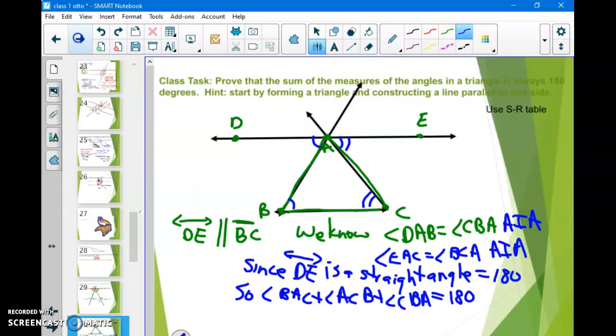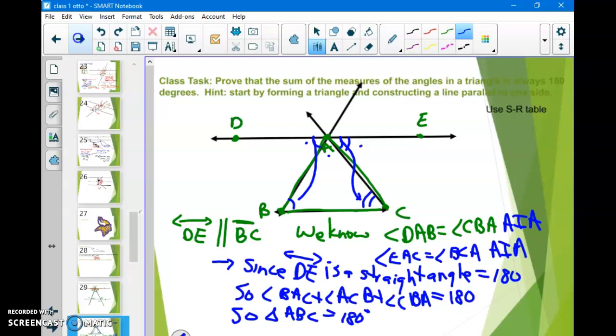And we can also say, well, if this angle and this angle add up to 180, which we did right there, then this is the same as that, and that's the same as that. Then we can say that triangle ABC also equals 180.